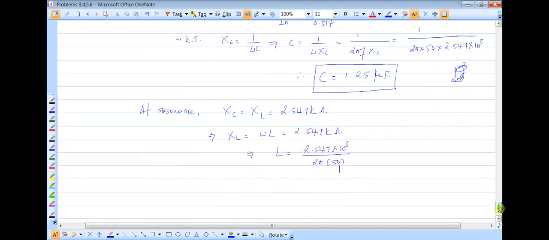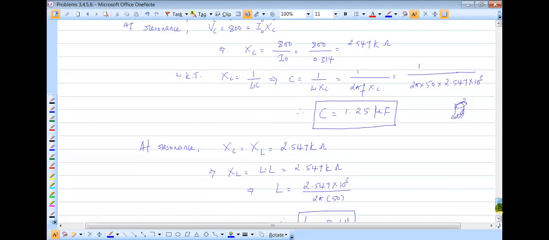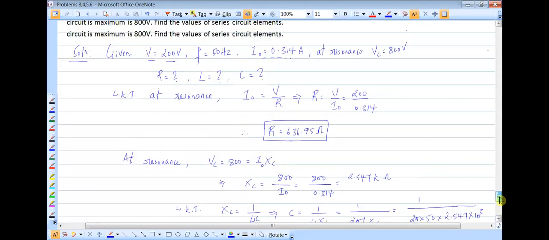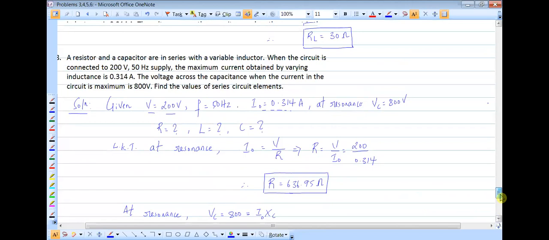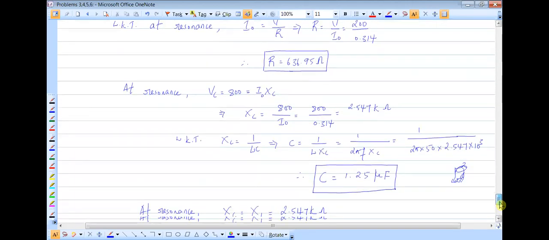With this, we get our L equal to 8.1 Henry. So this is what was asked. L is found out, C is found out, R is found out. We were asked to find all the series circuit elements, and we have found them.